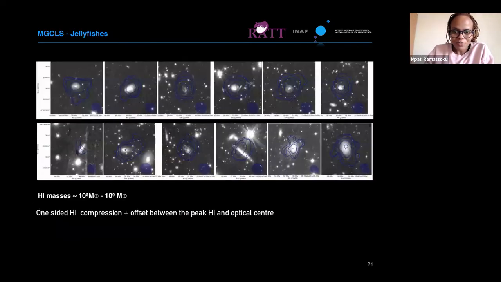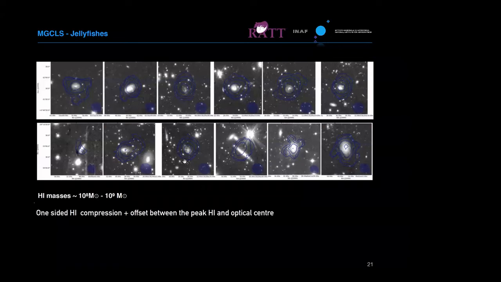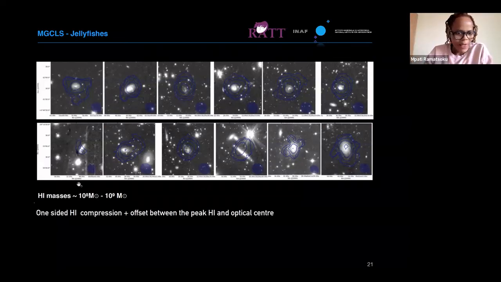And so far, we have found similar trends to what we see with those 3 or 2 that I showed you earlier. They have a lot of H1 mass, and they show these RAM pressure stripping hallmarks. In these plots here, I'm showing again the V-band images with the MeerKAT H1 column density overlaid at the same 3 × 10^19 column density levels.